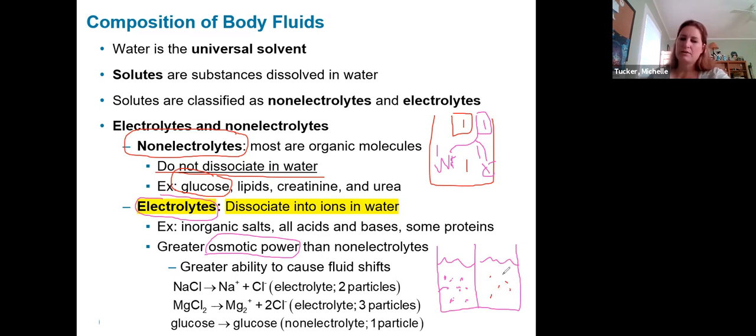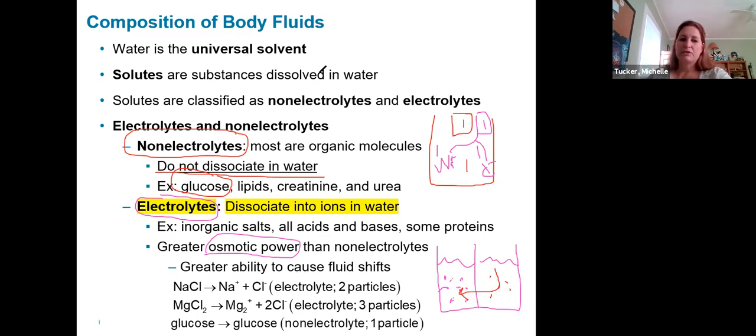And then water will move down its concentration gradient. So if you have a low solute, you have high water, the water will then move to equalize the osmotic pressure, meaning how many particles are on each side of the membrane by concentration.